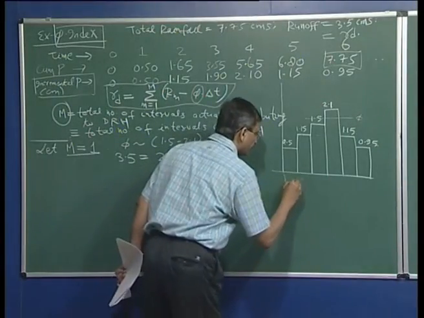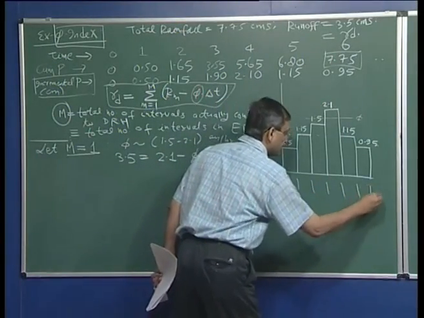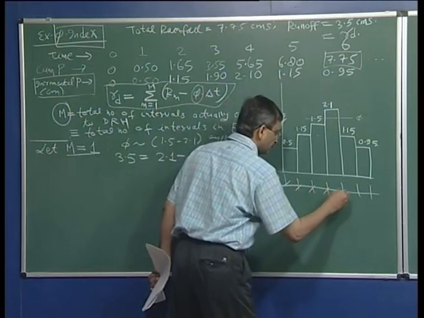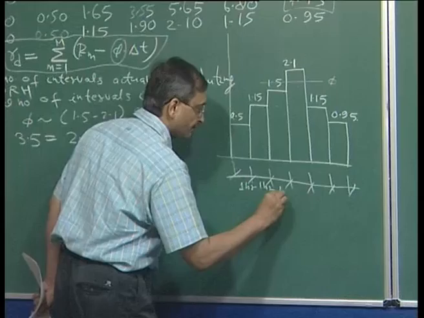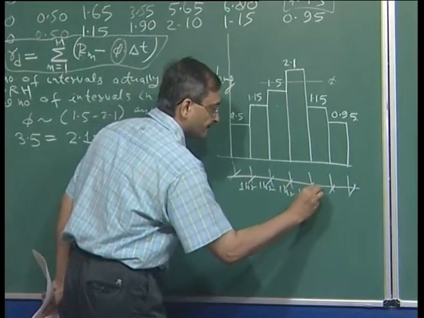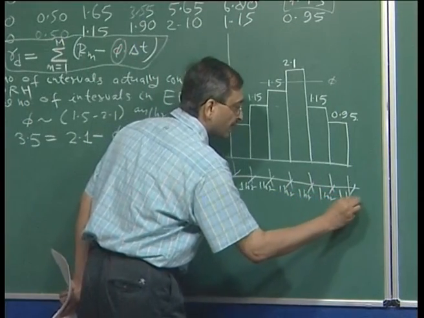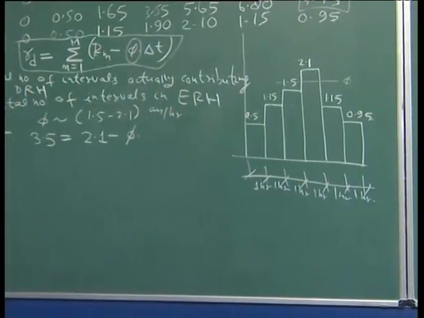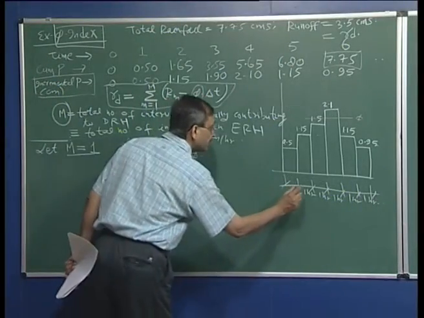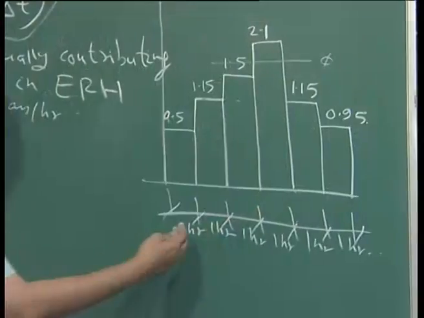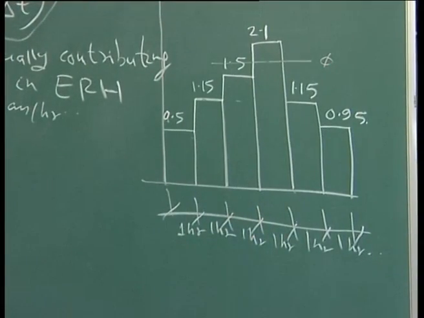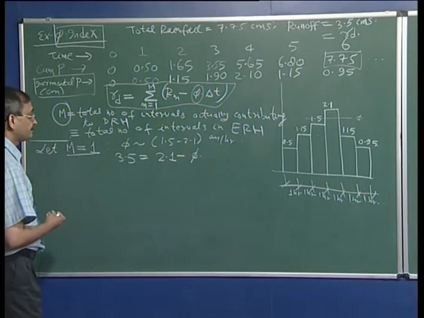Delta t is 1 hour for simplicity, but it can be any other value. Keep that in mind. This delta t does not have to be uniform, it can be different, and it can be some fraction also, 10 minutes, 20 minutes and so on.